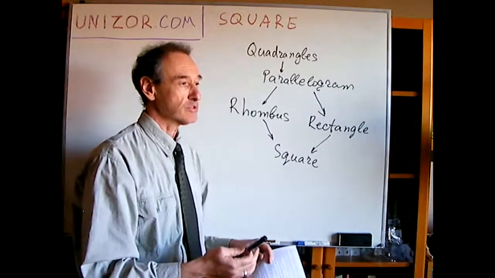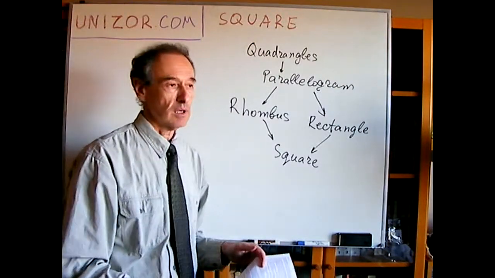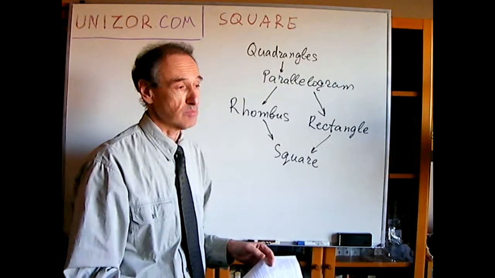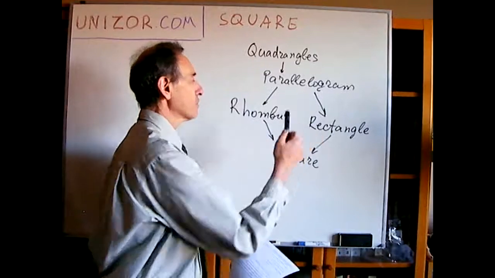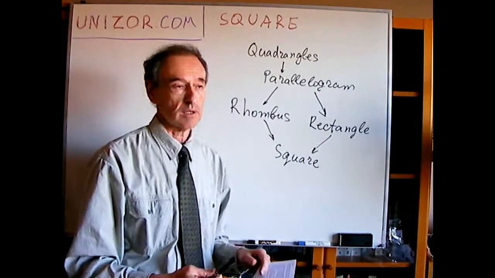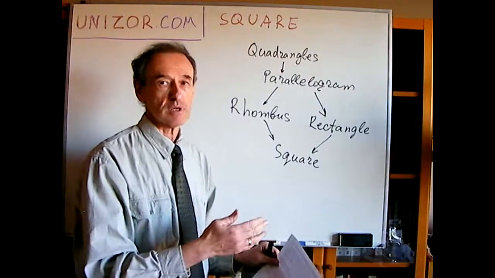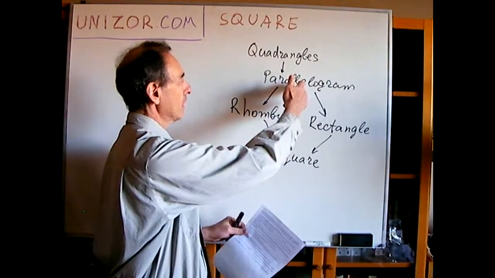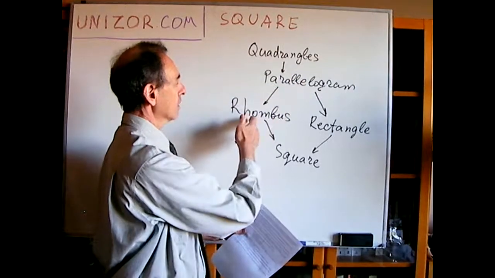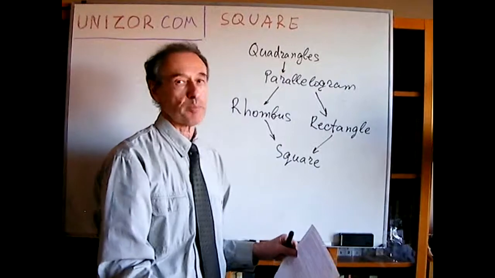So I don't really have to prove anything extra. There is not much actually which can be proven about the square over and beyond whatever has already been proven for rhombus and rectangle. But I will just state certain properties which square inherits either from parallelogram, or from additional properties of rhombus, or from additional properties of rectangle.